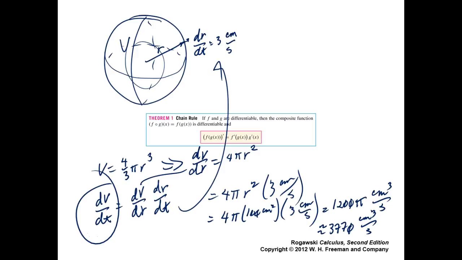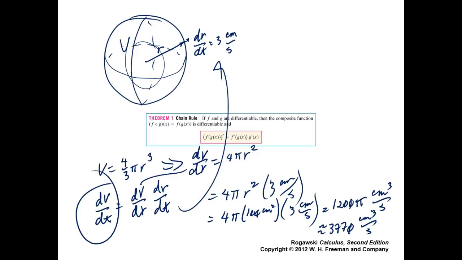The reason we're looking for dV dt is because of what the problem was asking for. The problem said, at what rate is the volume V increasing? Okay? Well, the rate of increase is dV, that's the volume that's increasing. Rate usually means with respect to time. So that's what we're looking for.